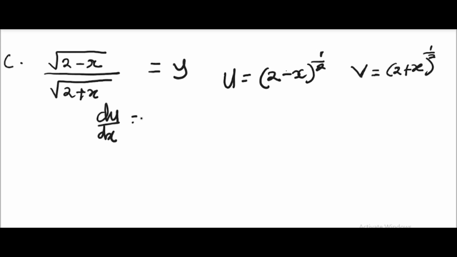So in your shortcut, you remember when the coefficient of the variable is positive or negative. If you differentiate x here now, you have minus 1. So that means I will have minus half into 2 minus x raised to the power of minus half.